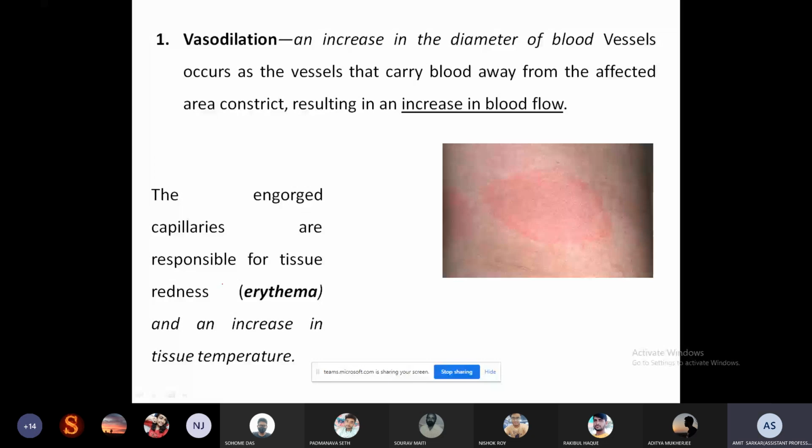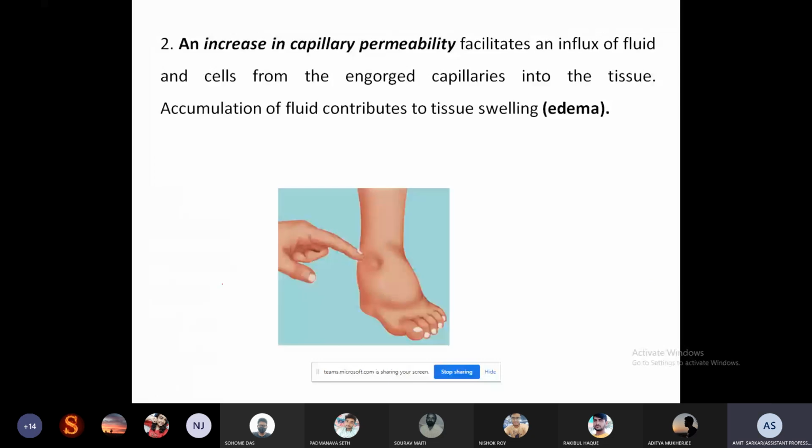The second symptom is swelling. Increase in capillary permeability facilitates an influx of fluid and cells from the engorged capillaries into the tissue, causing accumulation of fluid. So you know the blood capillaries: blood vessels, veins and arteries, after going close to the tissue or cell, become very small.